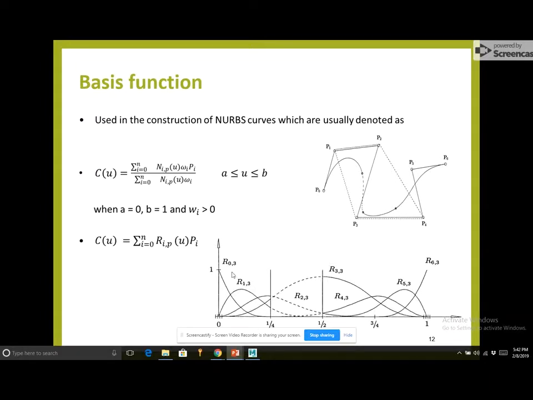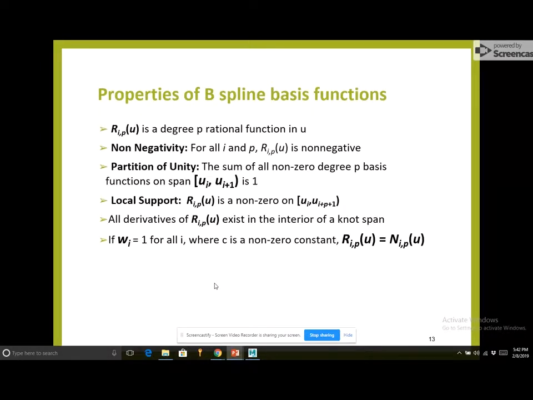And this is the representation of the rational basis function. Now let us look at the properties of this basis function. It is a rational function in u with degree p. We already know that. The first property is non-negativity.